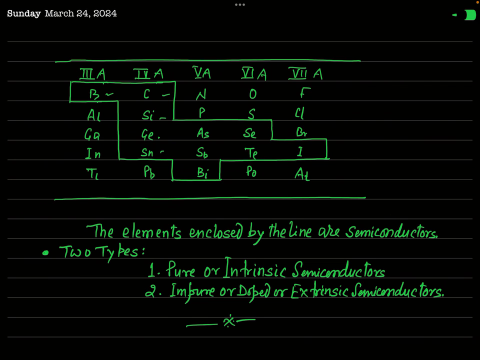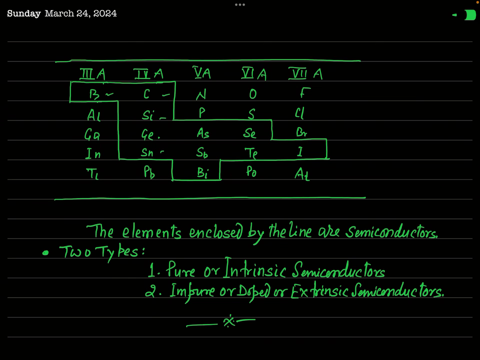All these 11 elements enclosed by the line are semiconductors. So don't think that only Ge and Si are the two semiconducting materials in our periodic table. You can count them: 1, 2, 3, 4, 5, 6, 7, 8, 9, 10, 11. So 11 elements in the periodic table have semiconducting behavior.